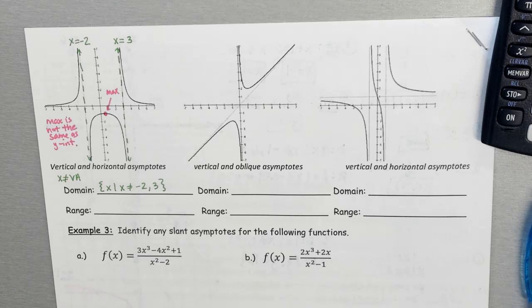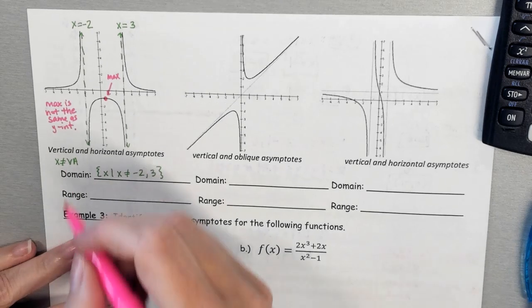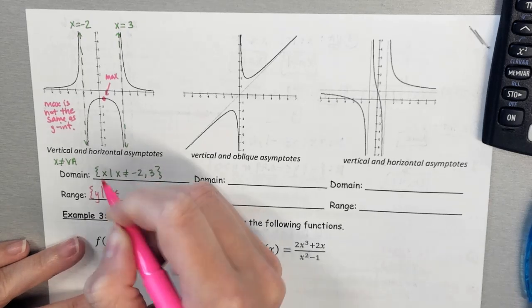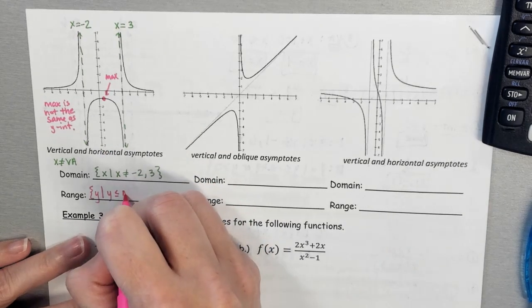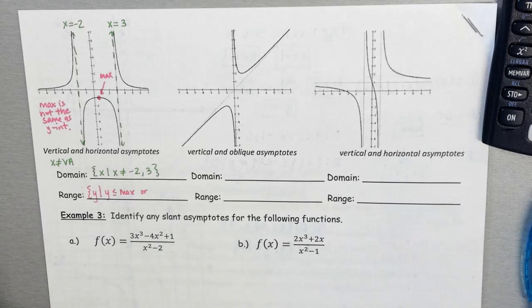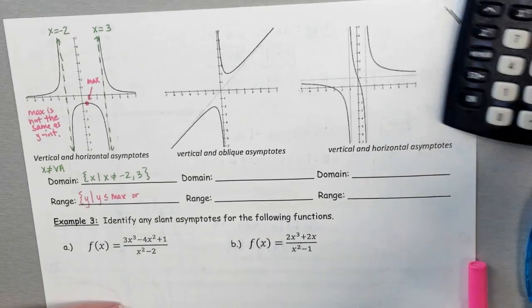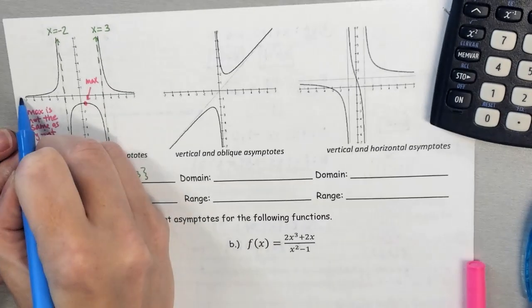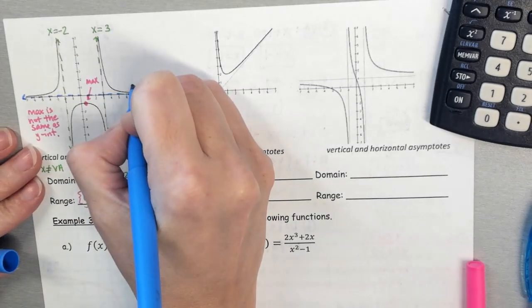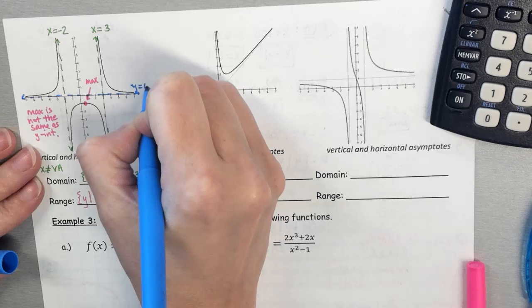Okay, and so this is one for whatever your range is. It has to be less than or equal to the max value, and it's the y-coordinate because you're dealing with y's. Or you also have a horizontal asymptote here, and it gets very, very close to that at y equals 0.